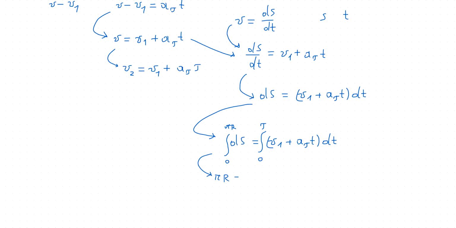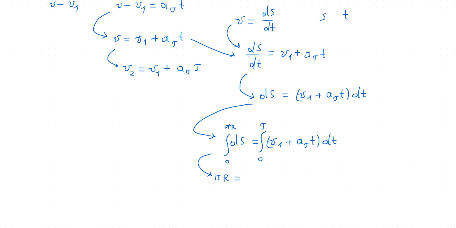And what do we have on the right side? v1 plus a t, t to the power of 2 divided by 2.